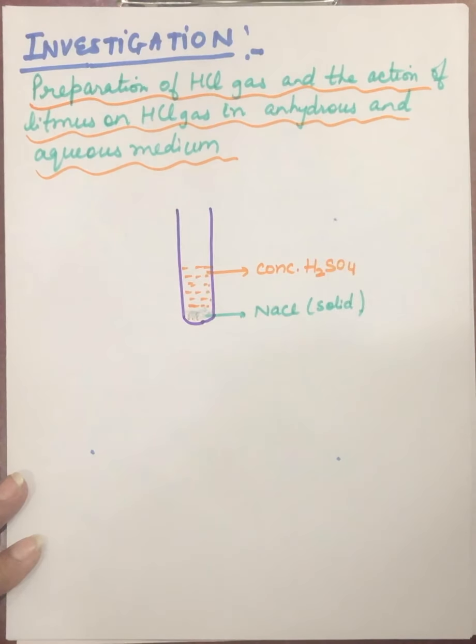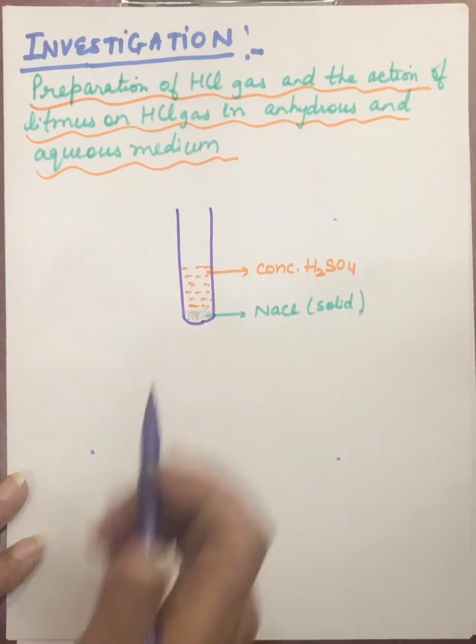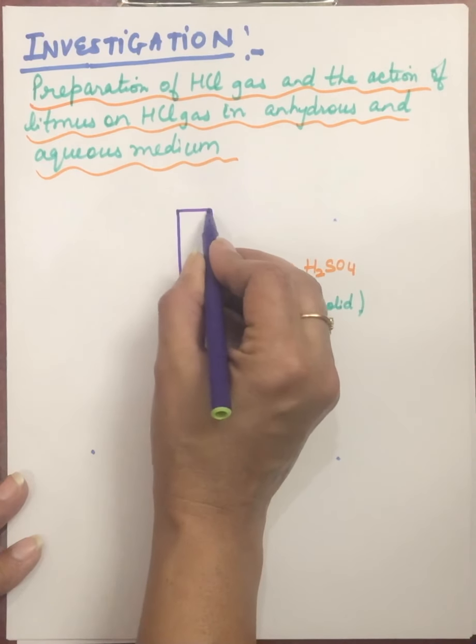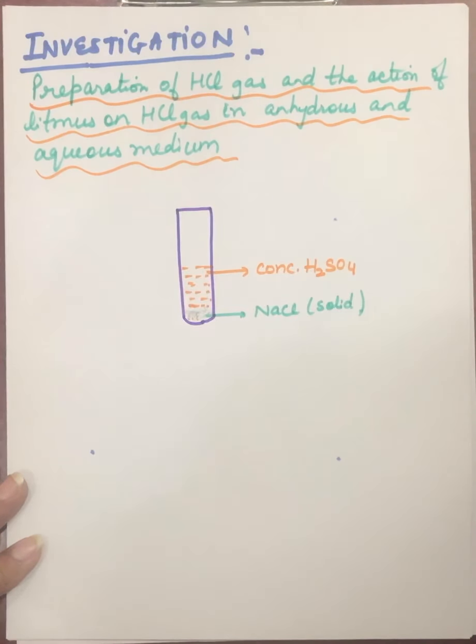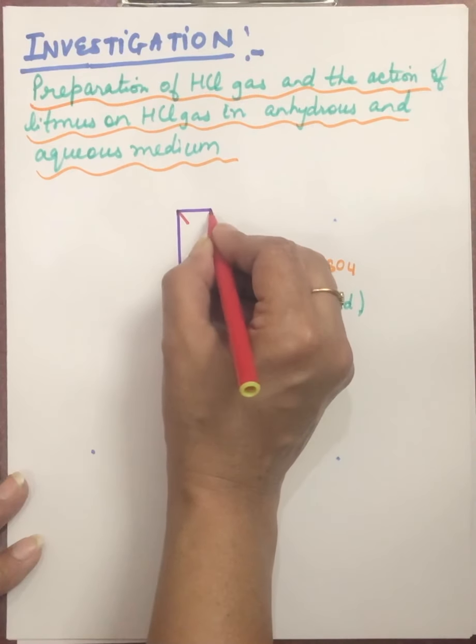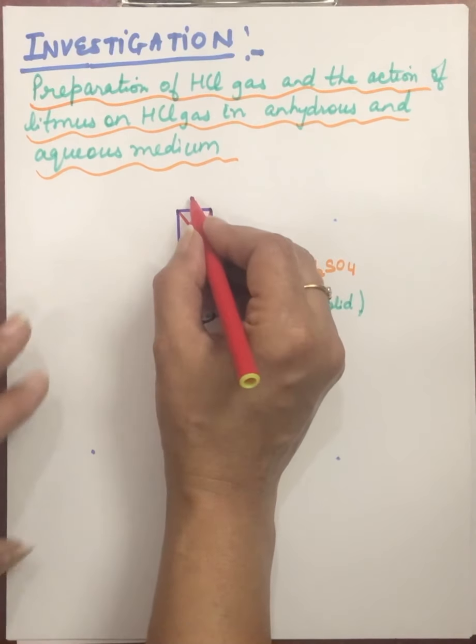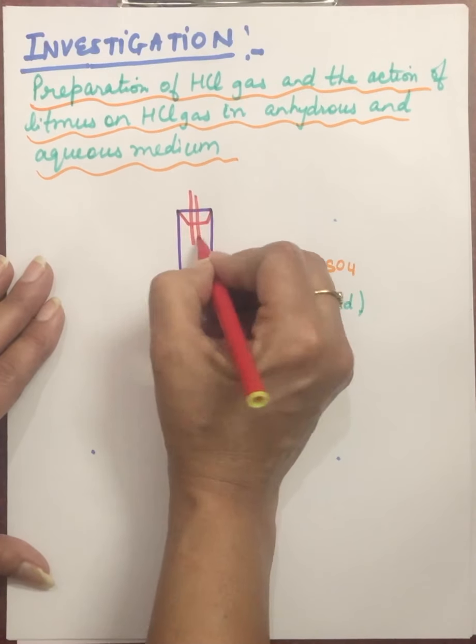The two will start reacting. So here we have to close the test tube with a cork, but through this we are passing a delivery tube.